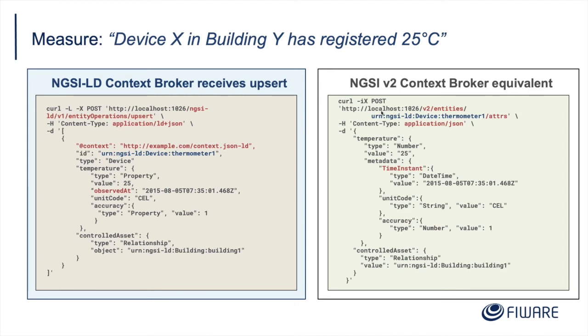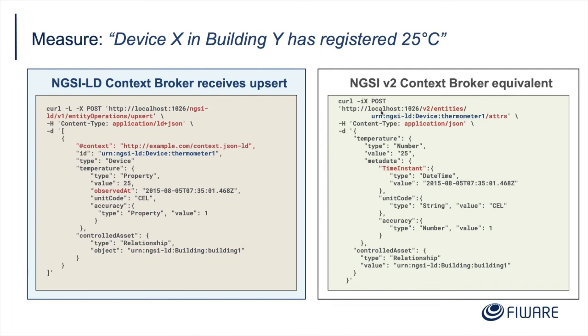Within NGSI-LD, the well-defined terms in the core context are observedAt and unitCode, and these just return string values, or rather it's going to be a UTC timestamp for the observedAt. This is done automatically under the hood.